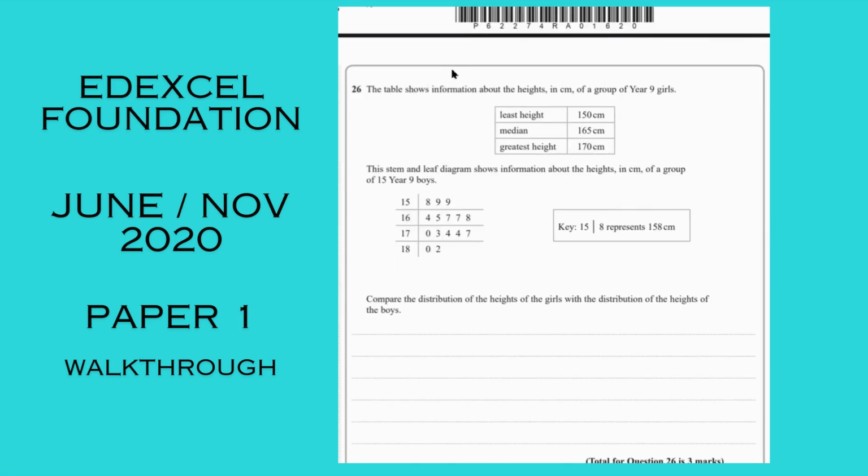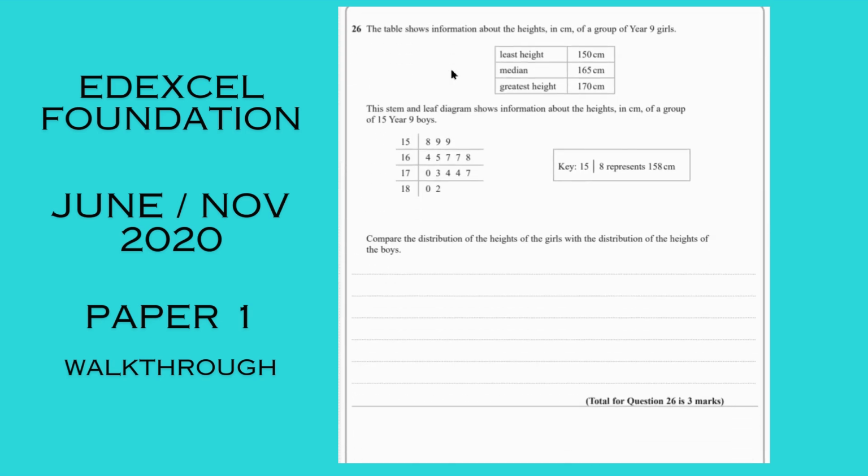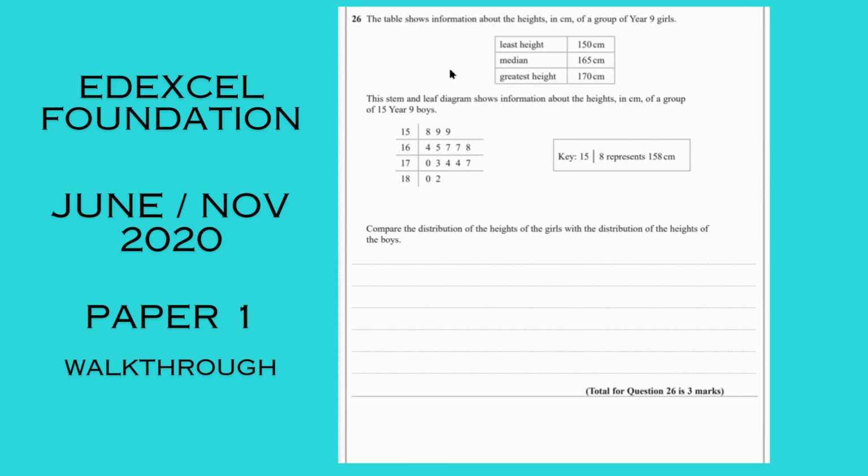On to number 26. So, stem and leaf, but without drawing a stem and leaf. I'm not going to write the full sentences out, but they've given you the data for the girls. Now, as soon as I see least and greatest, stick down the range, biggest take away smallest.